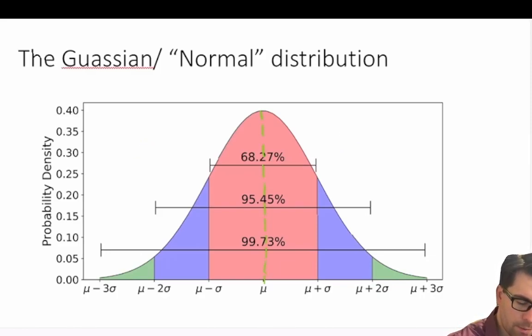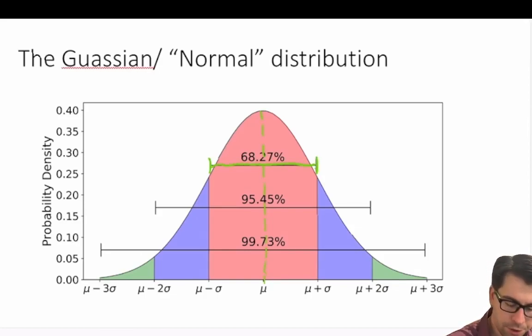We also can apply what's called the 68, 95, 99.7 rule. And what that says is that within plus or minus 1 standard deviation of the mean, we're going to see the central 68% of our observations, right? Plus or minus 1 standard deviation from the mean.